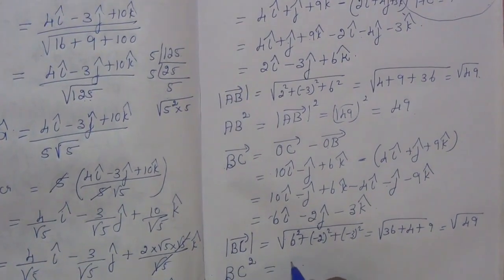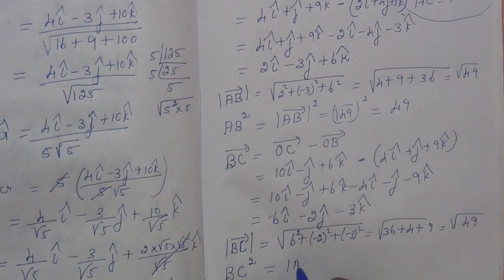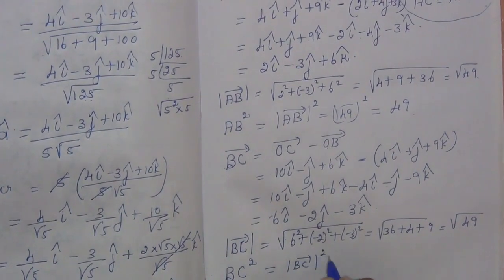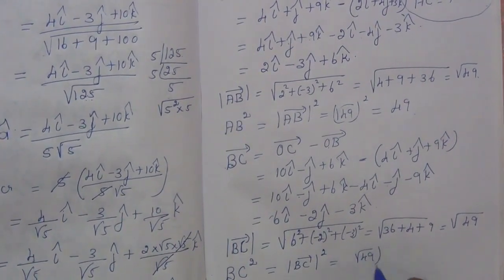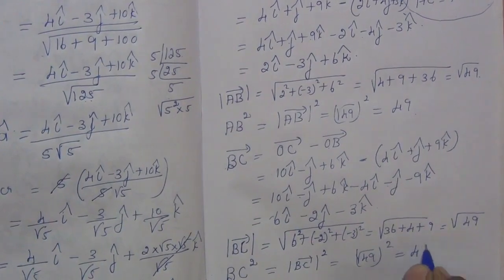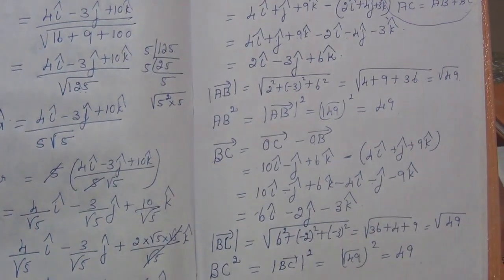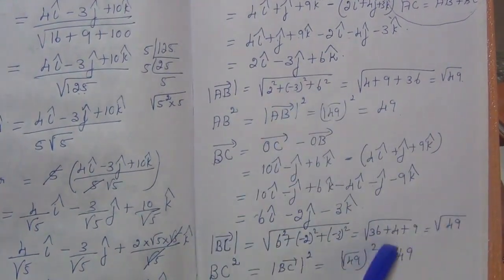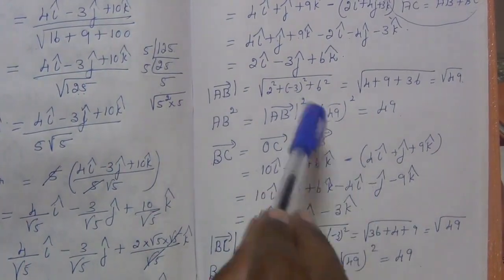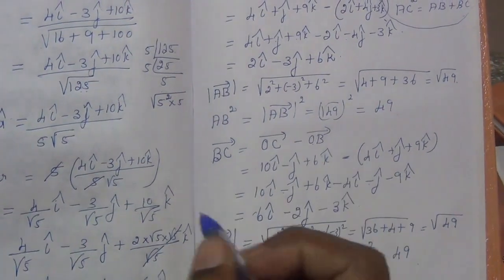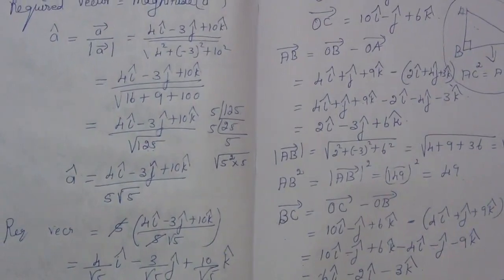BC square is modulus BC vector the whole square, root 49 the whole square, which again is 49. See, two sides are equal. We know that in a triangle if two sides are equal, that is an isosceles triangle. But our question is to check whether it is a right-angled triangle. So we have to find it anyway.